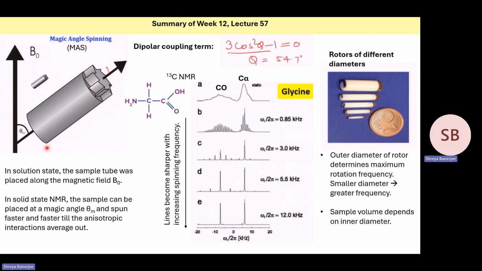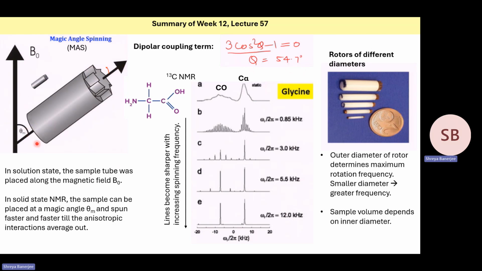So what is this theta m? The dipolar coupling term is given by 3 cos square theta minus 1. If we take this dipolar coupling term to be 0, we will get a theta of 54.7 degrees.